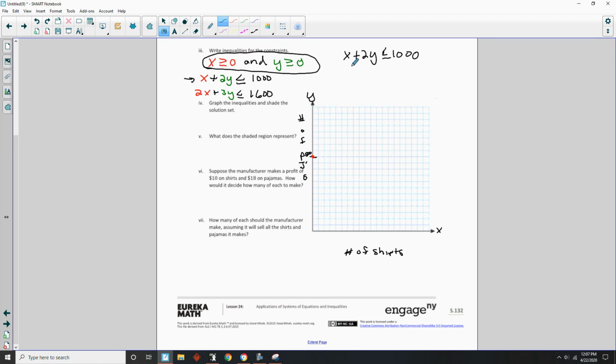When we're on the y-axis, x is 0. So 0 plus 2y is less than or equal to 1,000, that would be 2y is less than or equal to 1,000, divide by 2, and y is less than or equal to 500.